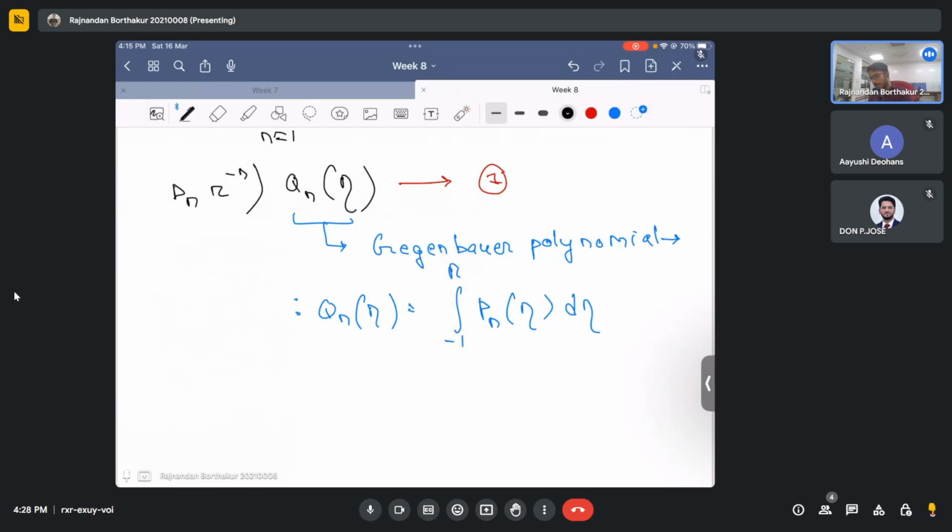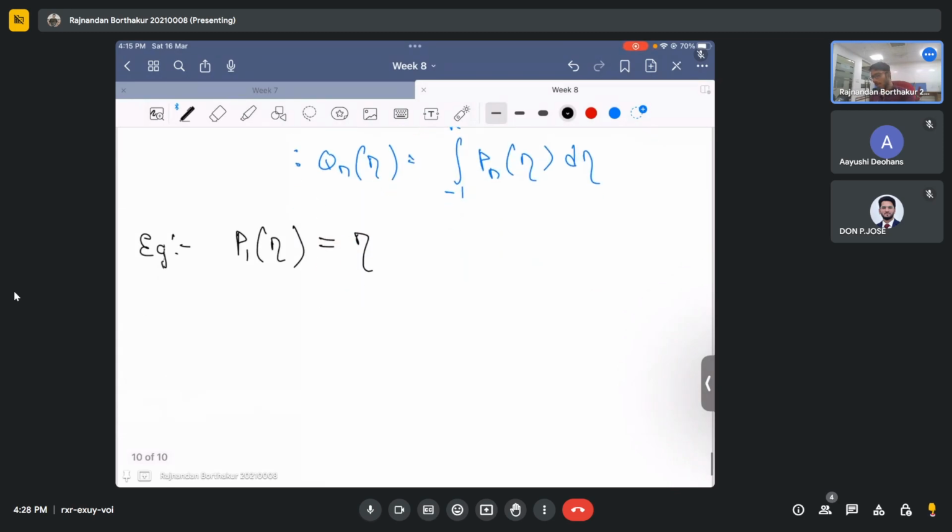For example, I just show that, can you tell me what is P1 of eta? So what is the first Legendre polynomial? Do you remember the first Legendre polynomial? So I'll just tell you, the first Legendre polynomial is cos theta, which means as a function of eta, it is just eta, because eta is cos theta in our transformed coordinate system.